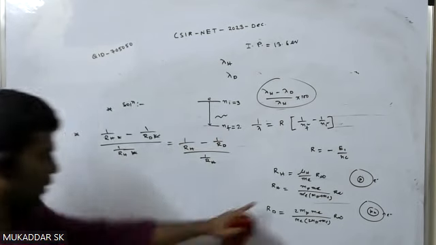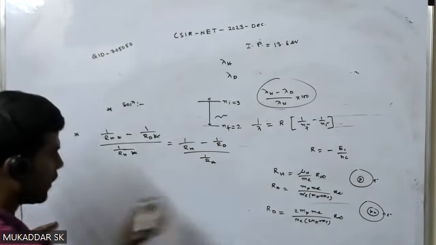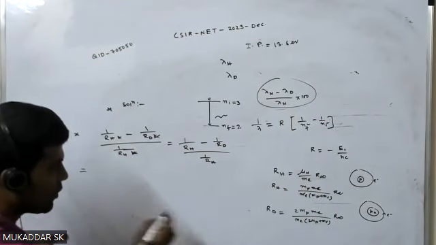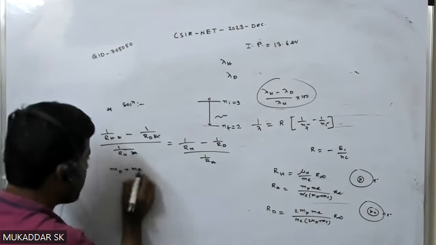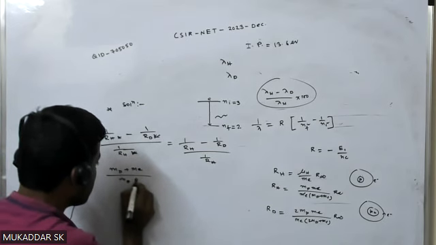I already have calculated the R_H value, so I'll substitute it. So 1 by R_H will be simply mp plus me divided by mp into R infinity.